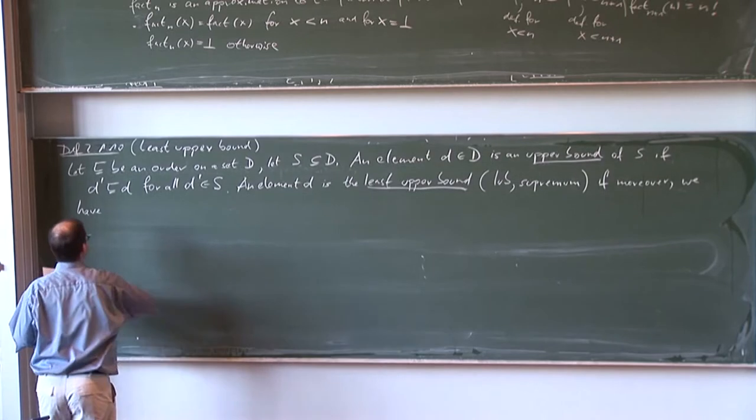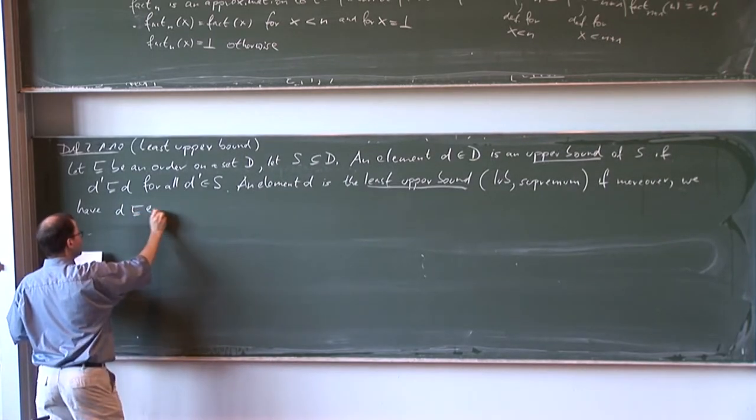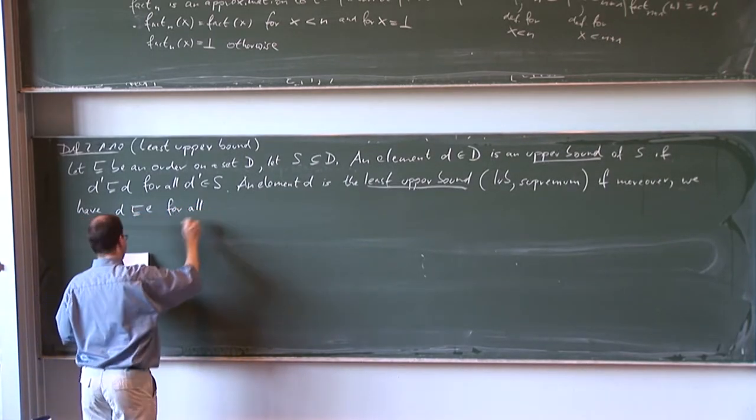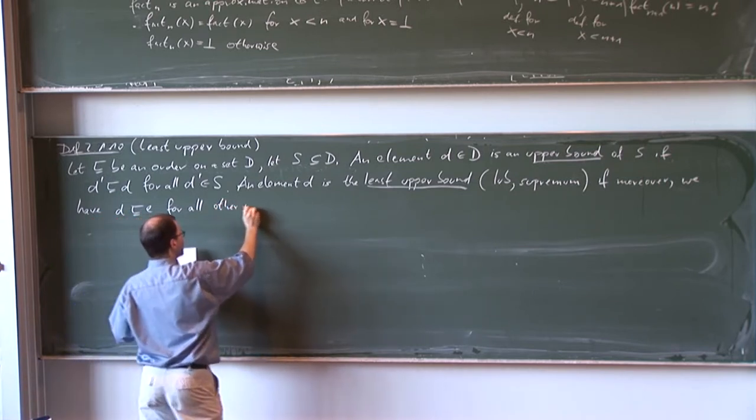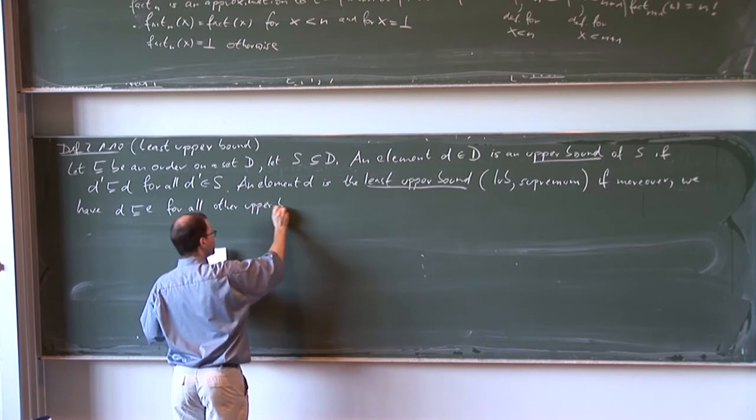So if we have d is less than or equal to e for all other upper bounds e.